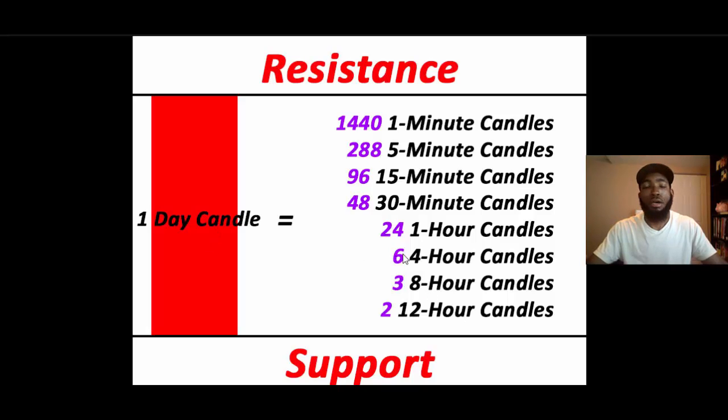And then you go down smaller than that, you have 6 4-hour candles. So as you keep going down inside of this area, it's much smaller than this day candle. And then it's 24 even smaller 1-hour candles. So it keeps breaking down until you're down to a very small 1,440 1-minute candles in between this 1 day candle.